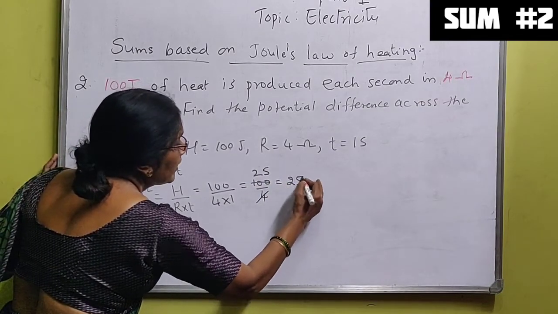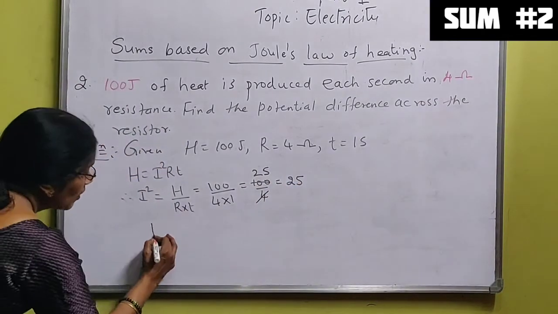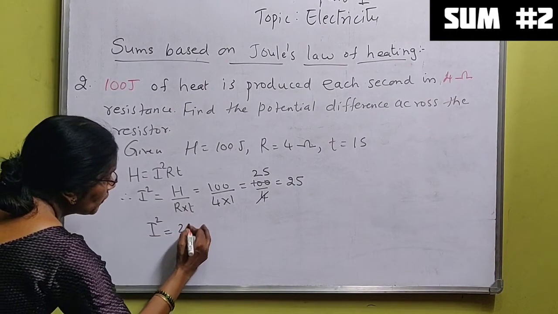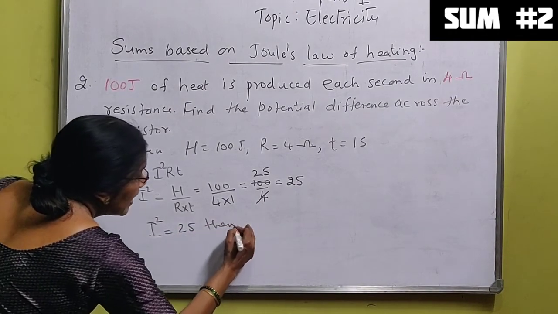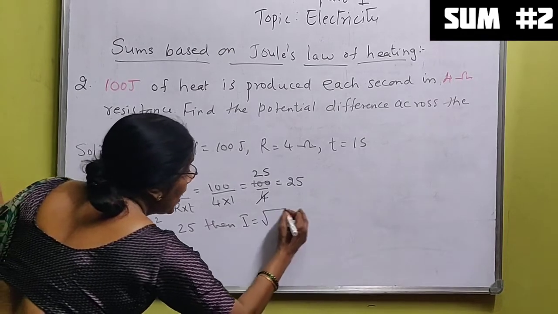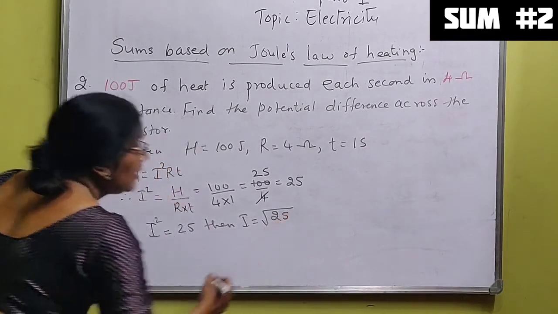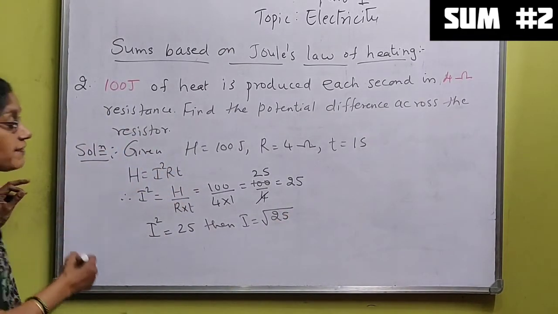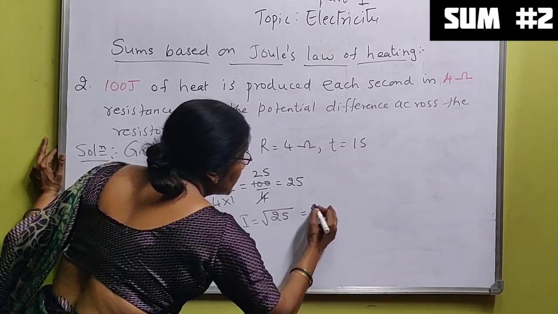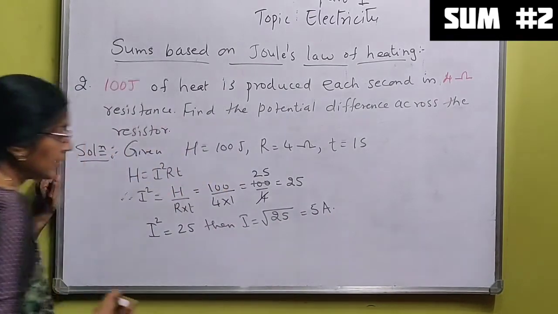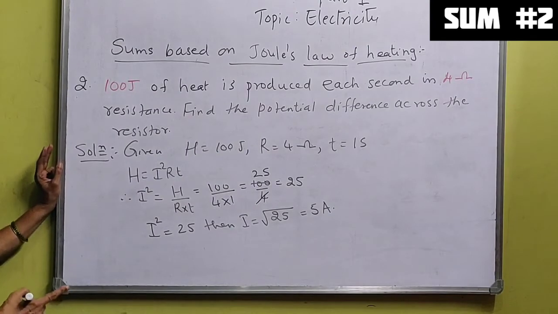So we get 25. So I square is equal to 25. Then I will be equal to the square root of 25. 25 is a perfect square. What is the square root of 25? 5. So we got the current as 5 ampere.